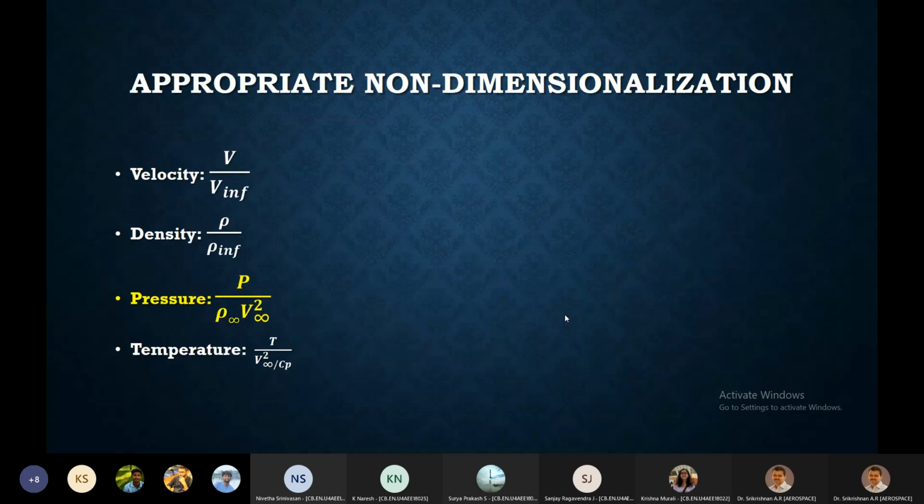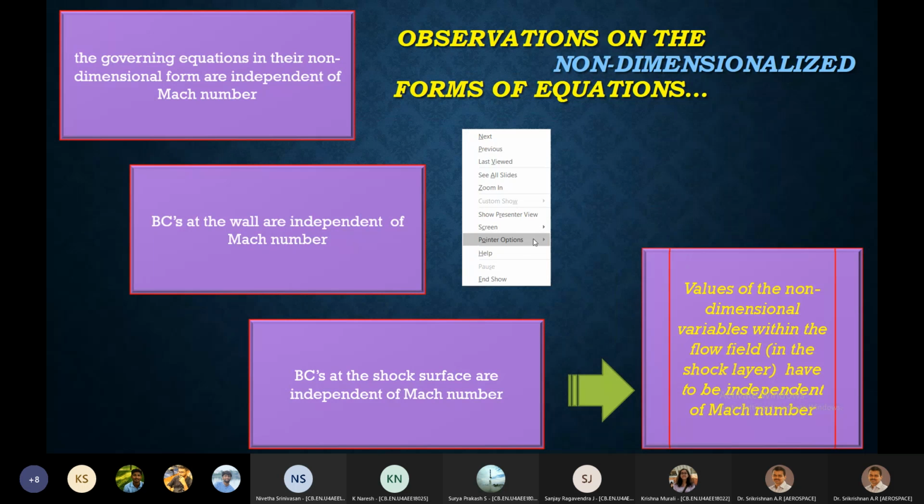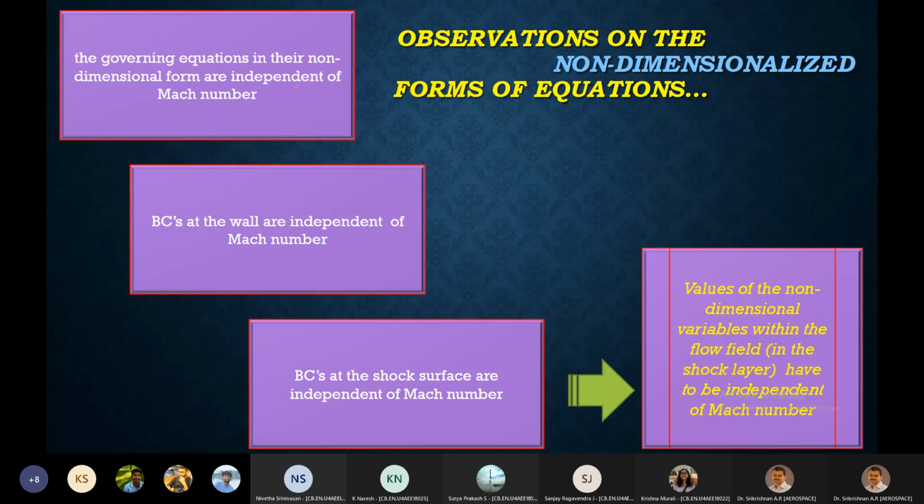Now we come to the conclusions based on this. Starting from the first box, the steps that we followed were: governing equations are expressed in terms of the parameters that we have defined, and they are all independent of free stream Mach number M infinity.